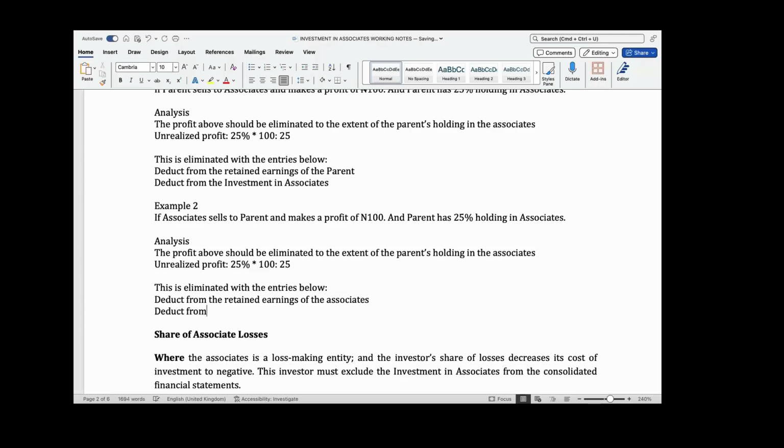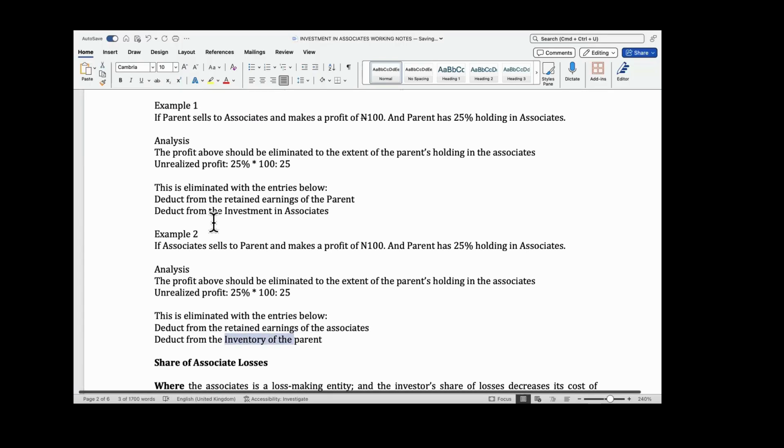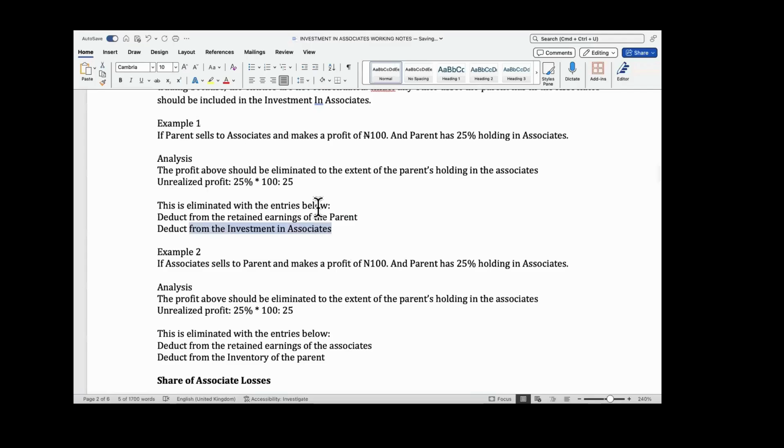And like Michael said, you deduct from the inventory of the parent. Since it's the parent that bought the goods, the inventory is in the books of the parent, so we can easily deduct from here. The reason why inventory is not coming up at all in the first case is that inventory is in the books of the associates, and we are not consolidating the associates.